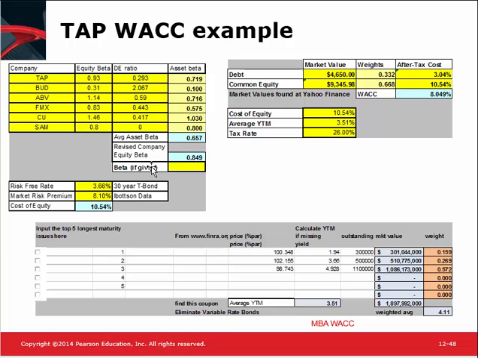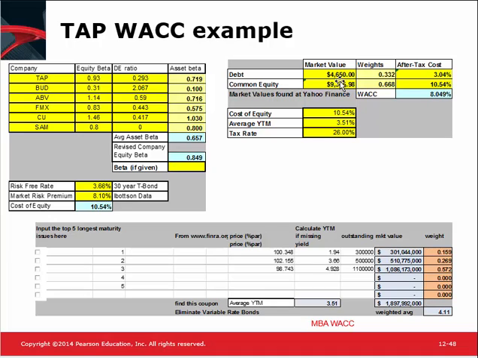We calculated, again, here's where we calculated the cost of equity. So over here we have the after-tax cost. We have to adjust the 4.11 by the tax rate. So the after-tax cost is 3.04%.